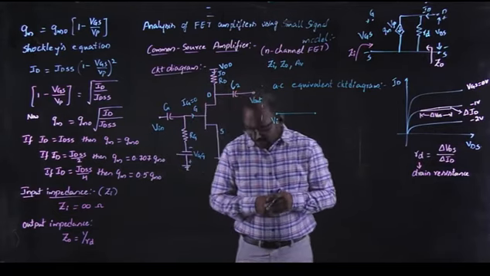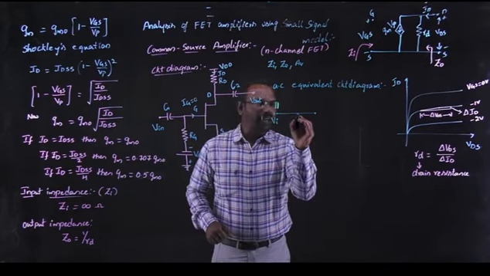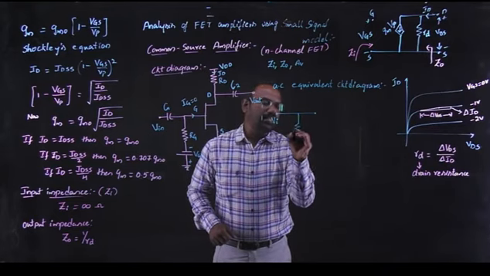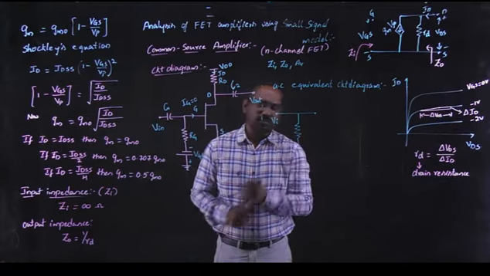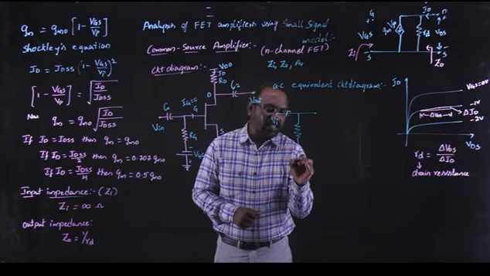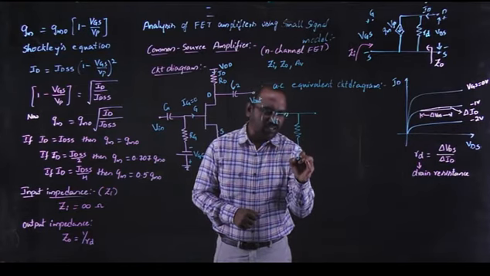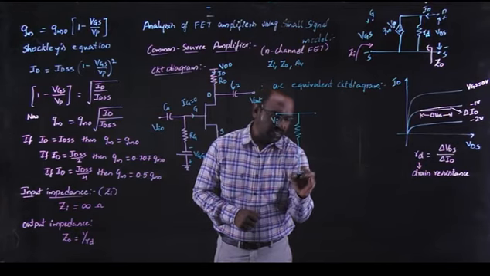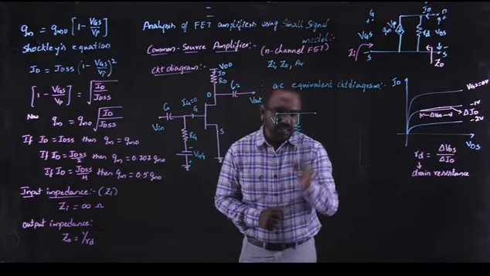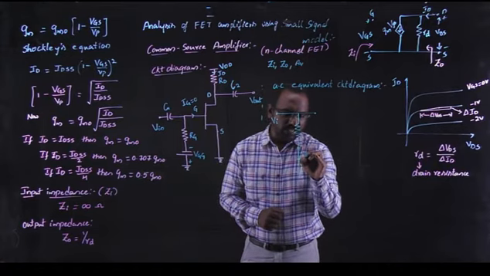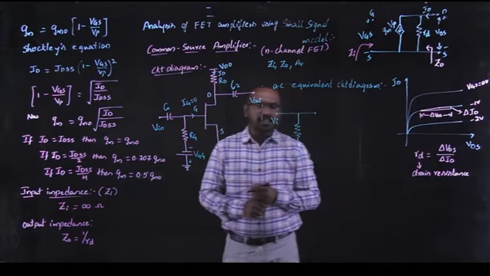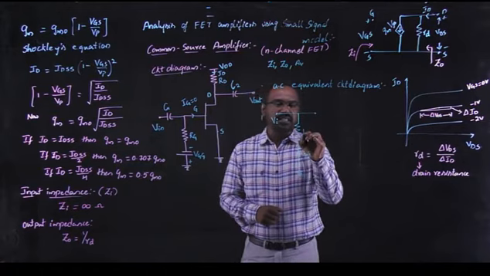And here I am having a resistance RG. And whatever the VGG I am having here, I am short circuiting it. That is the reason why I am indicating like this. So from this, it is grounded. What is the meaning of this? VGG is short circuited. So this is RG.